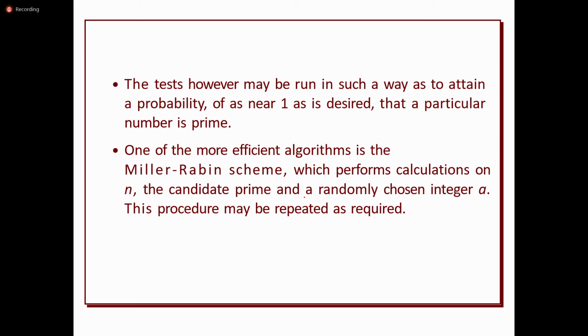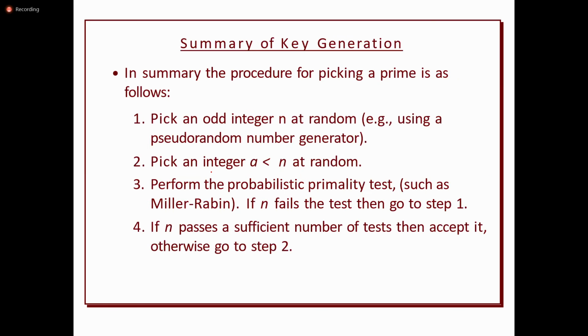You can go through this. We can apply the Miller-Rabin algorithm. So how the public key and private key are generated in RSA: the receiver has to pick an odd integer less than n, where n is specified as the product of two prime numbers.